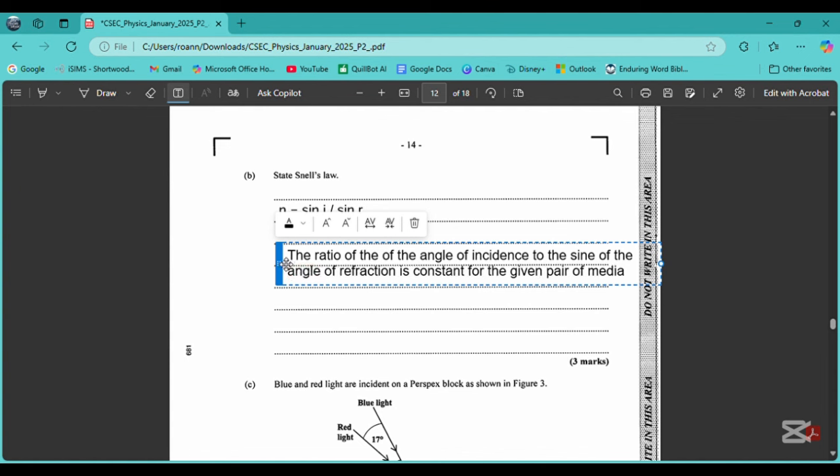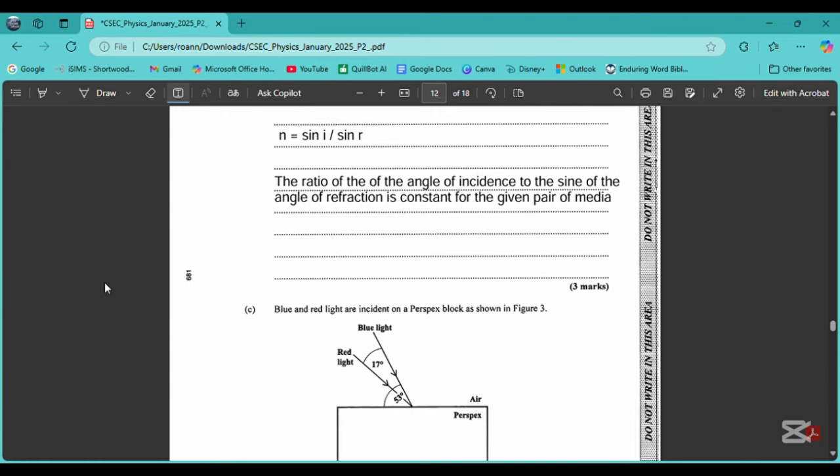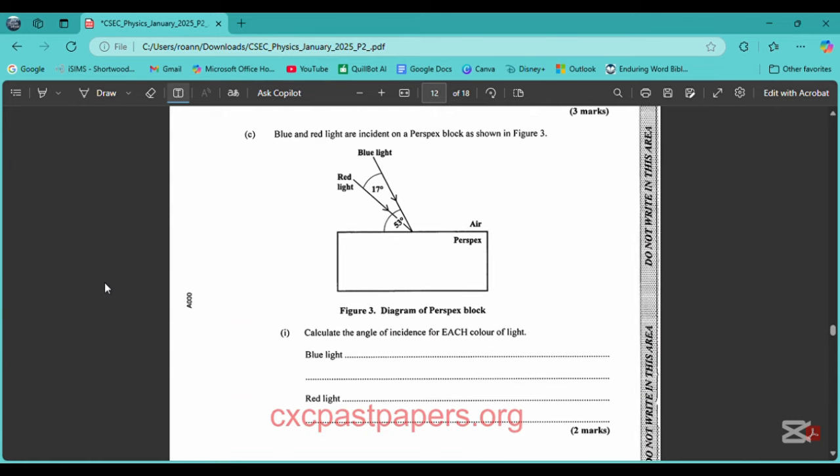So the ratio of the sine of the angle of incidence to the sine of the angle of refraction is constant for the pair of given media, and that constant value would be your refractive index. So based on the medium that is being used, the refractive index for that medium should be constant.